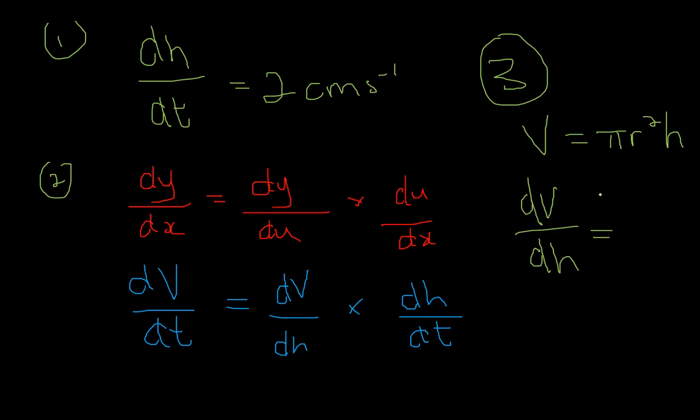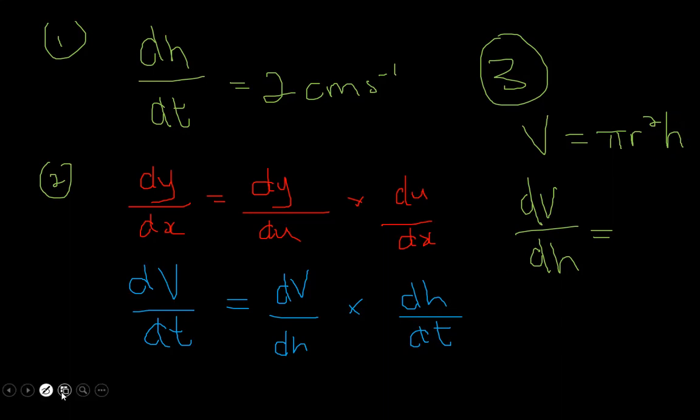Right. So apply my rule. Anything we're not differentiating in terms of gets left. So I'm leaving the pi, I'm leaving the r squared, I'm only manipulating this h.